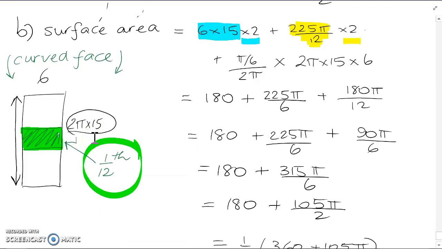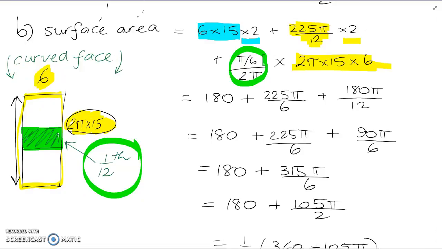So this whole area, if it was the full thing, would be, you know how to do area of a rectangle, 6 by 2 pi times 15. But I actually want 1/12. That's what this fraction here is.